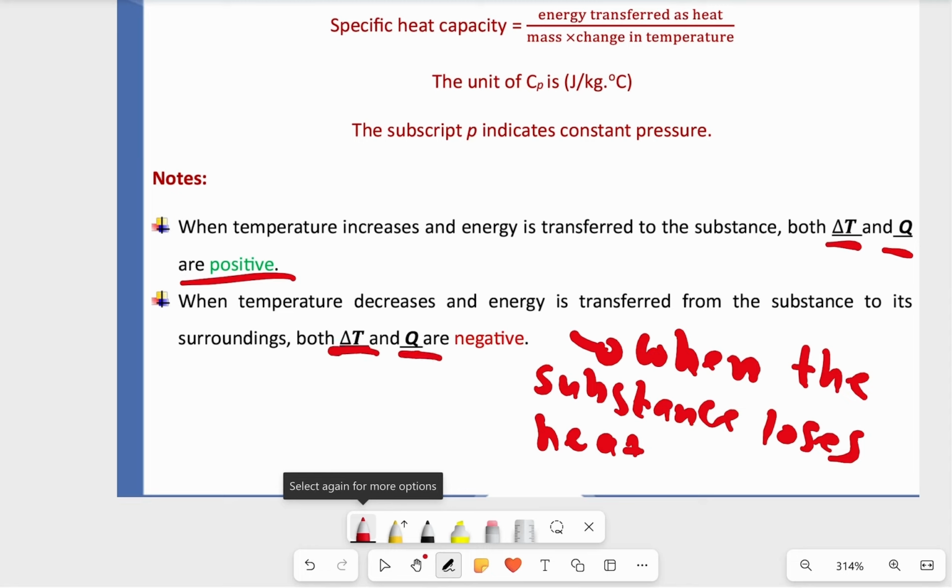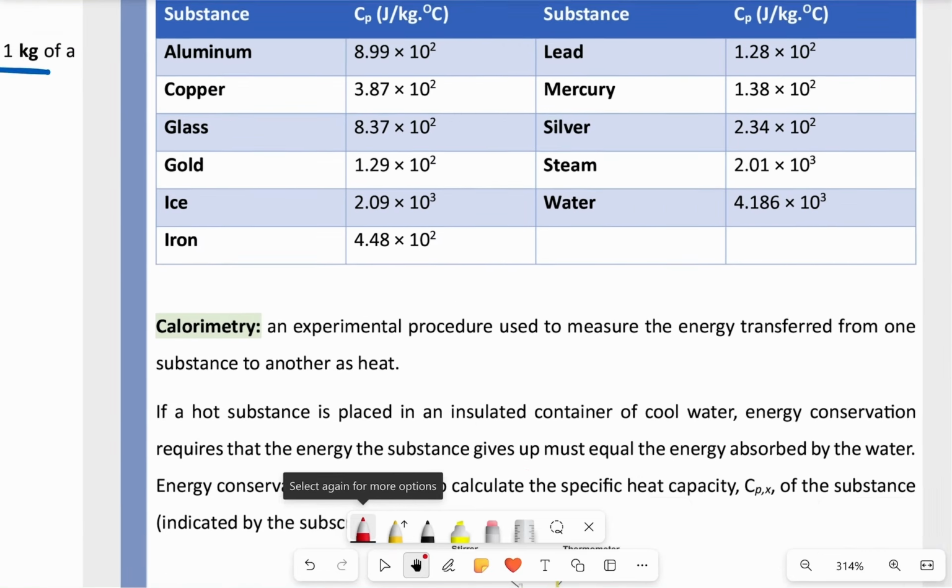When the substance gains energy and its temperature increases, both delta T and Q are going to be positive. Make sure to memorize this because you will be needing it.